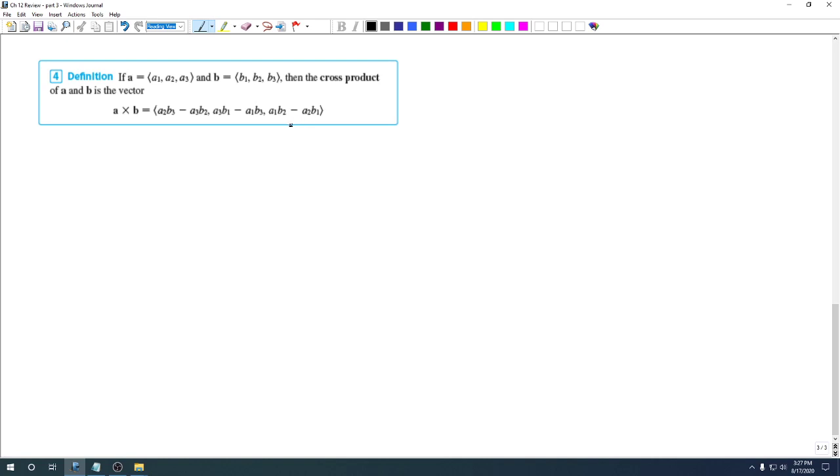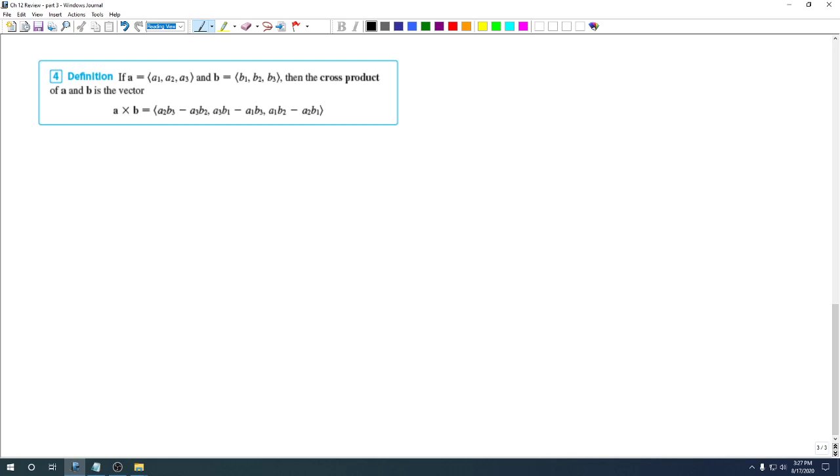It's kind of hard to remember it. And so that's one of the big issues with it. The other issue that may not be as obvious is that this is specifically a product that works in 3 dimensions. There is no 2-dimensional equivalent to the cross product. So that is a major problem with this being a vector product.